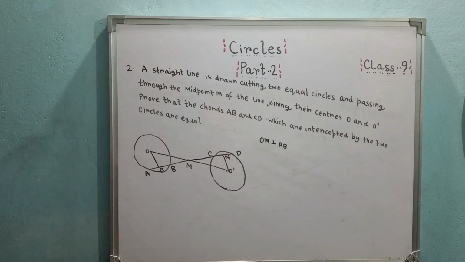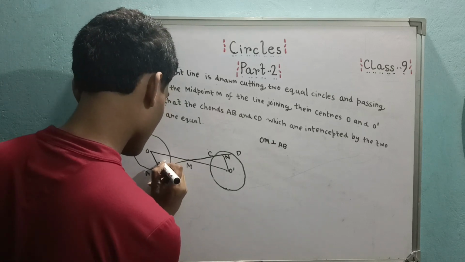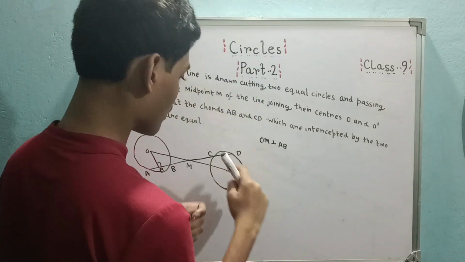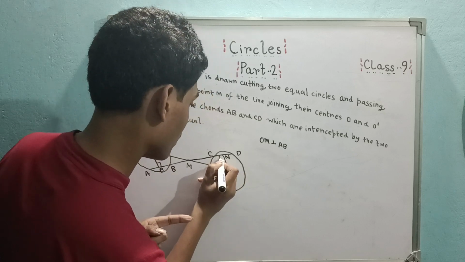So we have two triangles, OPM and MO dash N. One thing is for sure, these two are right angles, since this is the perpendicular here.